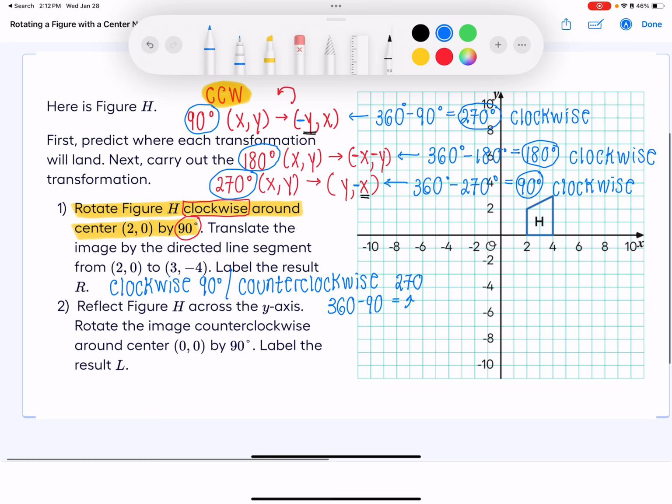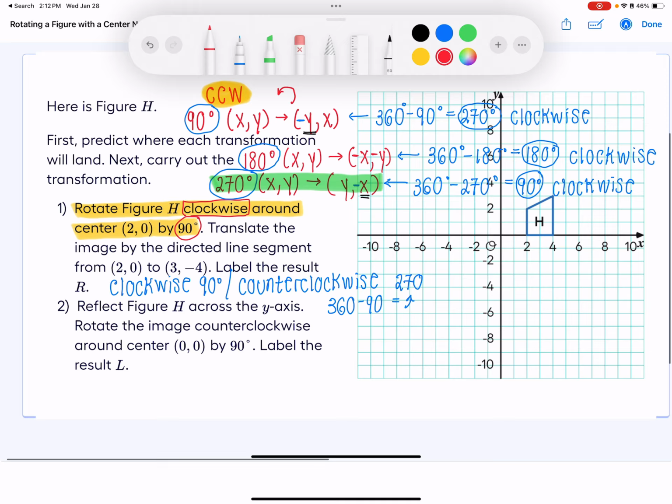And if I look at my reference here, what we're going to use for this problem is this rotation rule over here. I'm going to highlight it, where we have (x, y) is going to become (y, and the opposite sign of x).